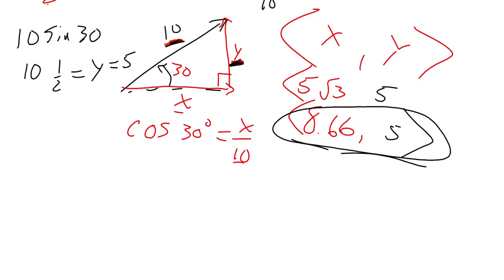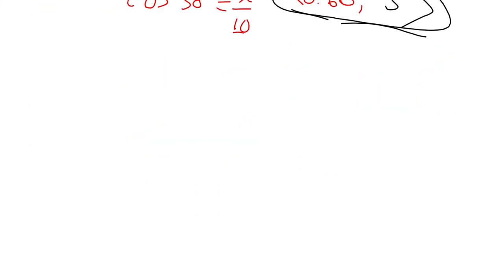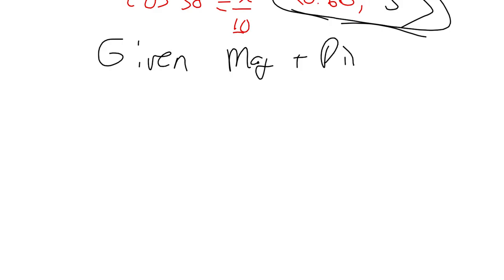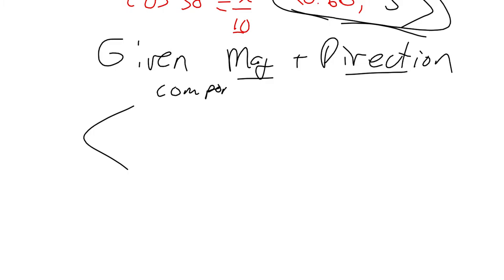Okay, this is the general formula that's going to work every time. If you're given magnitude and direction, to find the component form, to change to component form, it's going to be the magnitude. Let's say it's vector u.